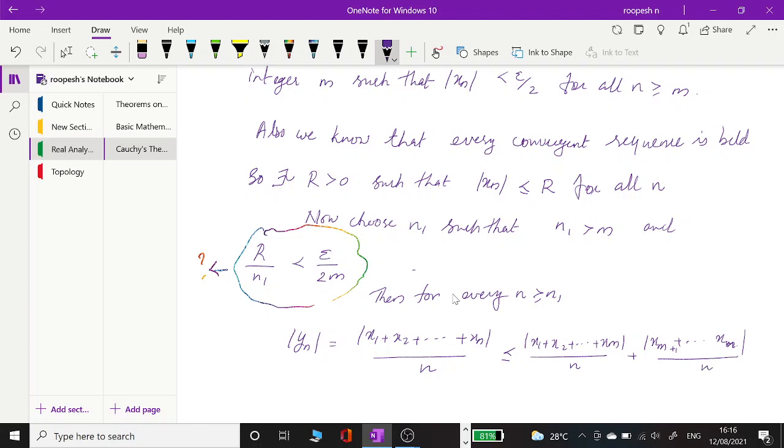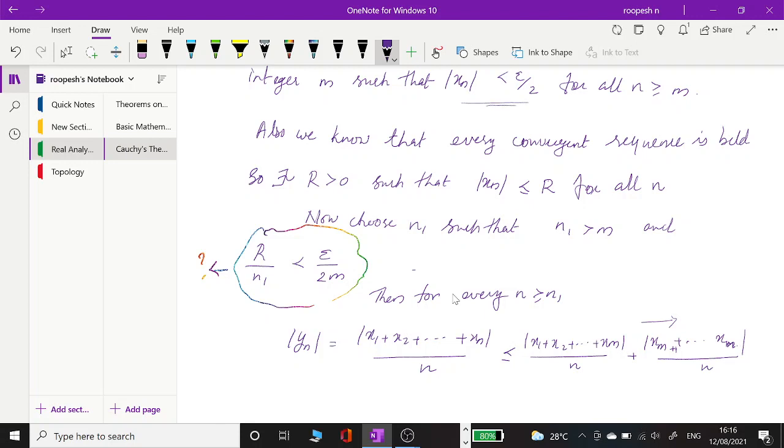Why I am splitting like this: from this term onwards, I know that since n is greater than m, this value is less than epsilon by 2. So I can use it here.